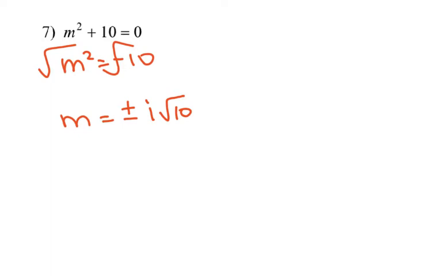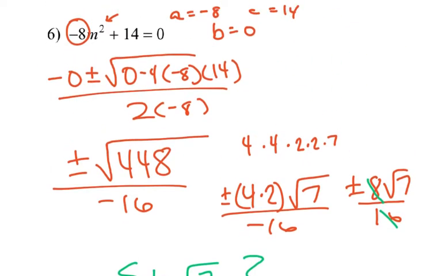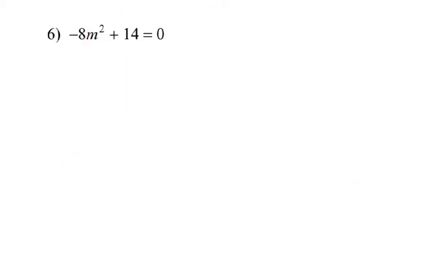So even though we've learned the quadratic formula, stop and think about other things you know, because if you know something that would make this a lot easier, then do that. On the previous one too, if you stop and look at that one, I could have subtracted 14 from both sides. This is one option. I could divide everything by negative 8 too, but anyway, I could do that. Divide everything by negative 8.